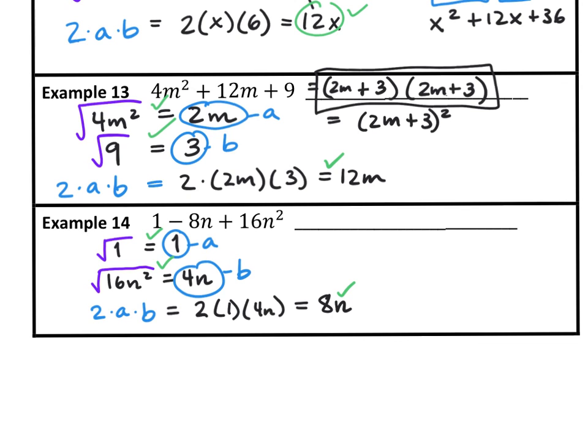It's going to equal a minus b times a minus b, or you could say it's a minus b squared. You can write it this way as your answer, or this way.